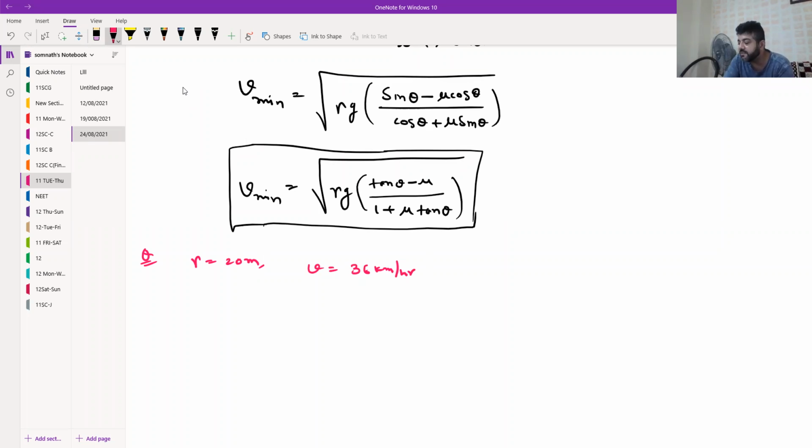If the coefficient of static friction between the road and the tire is 0.4, what are the possible speeds of the vehicle so that it neither slips down nor skids up? Slipping down means you have to find V minimum, and skidding up means V maximum. Understand everyone?